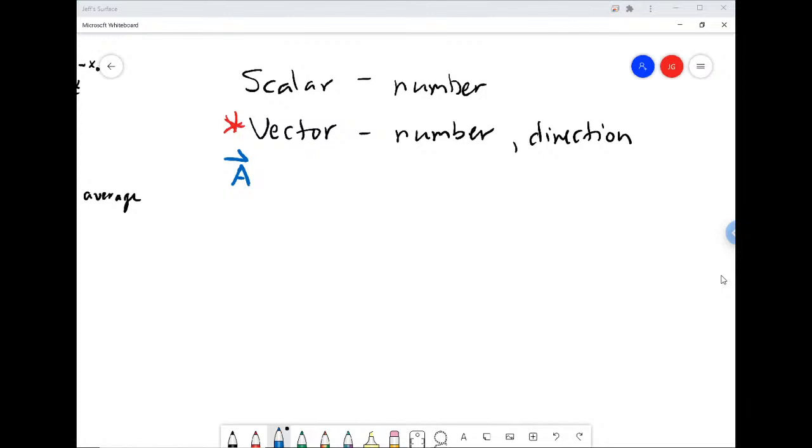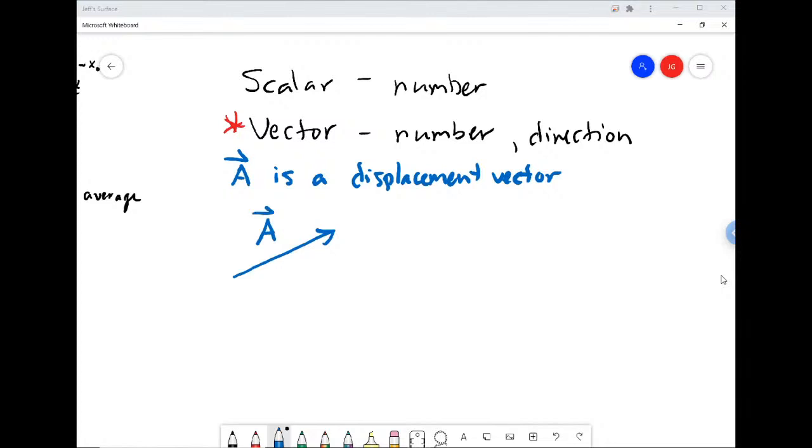So A is a displacement vector, and I could represent it using an arrow.